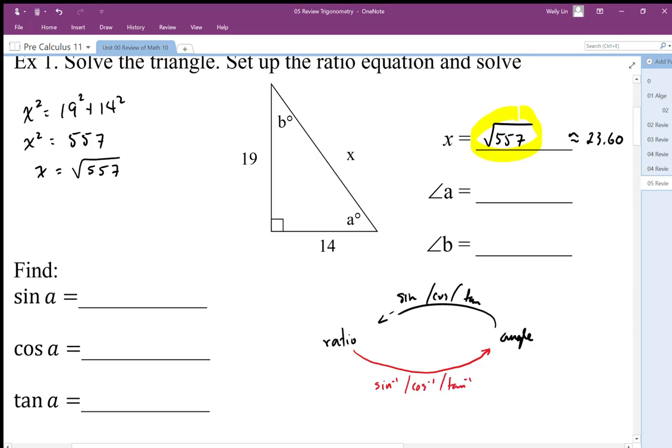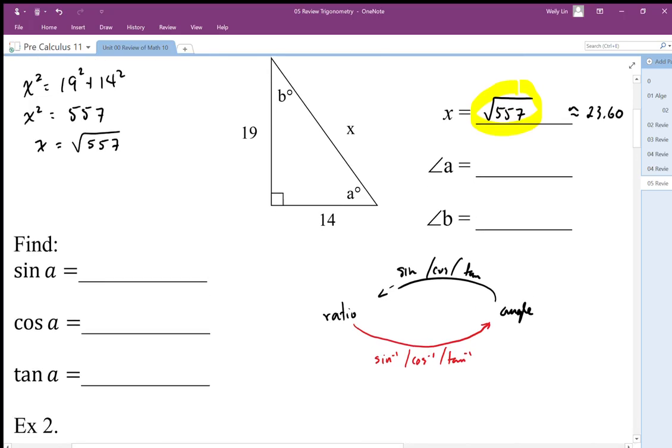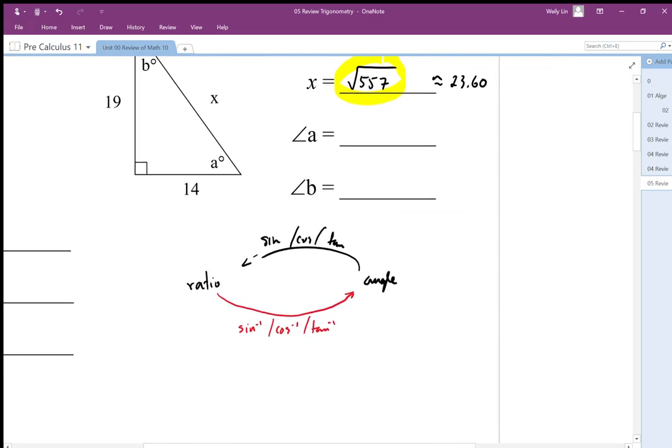That's something we know in math: if I can do something one way, I can undo it with an inverse. So if I want to find the angle A, I'm going to use an inverse. I'm going to take the inverse tan of 19 over 14. There's my tan ratio.